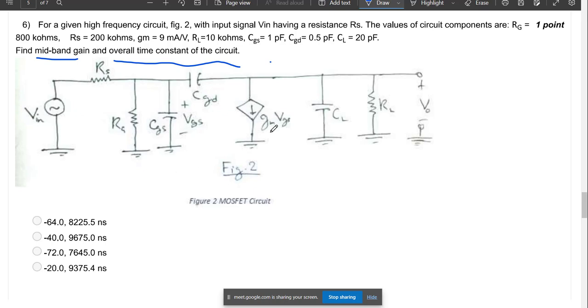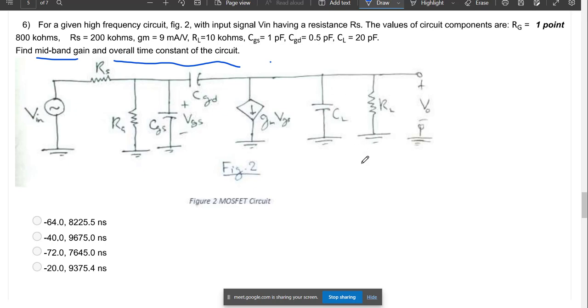You cannot do anything for the independent sources, you keep them, but the dependent voltage and current sources have to be short circuited and open circuited respectively. And for each capacitor, you have to open circuit the other capacitors.